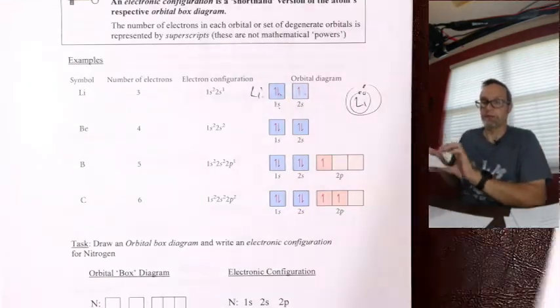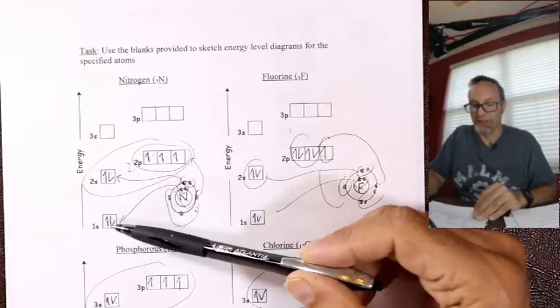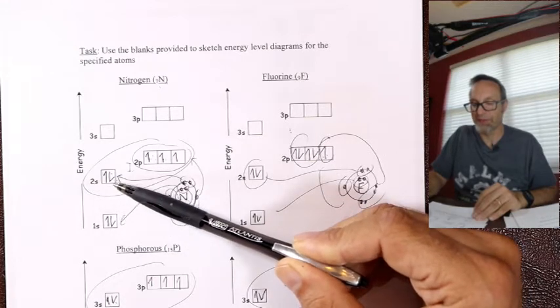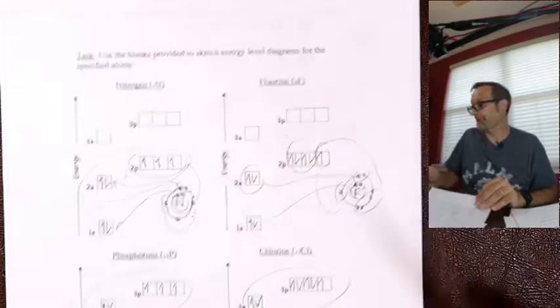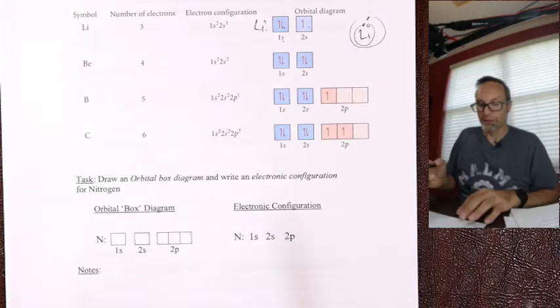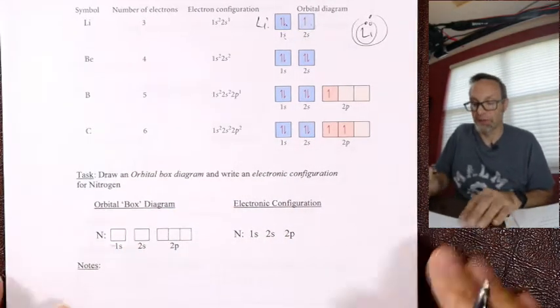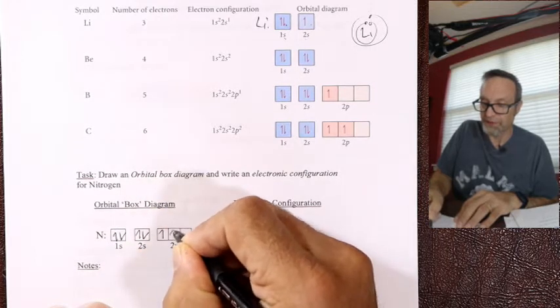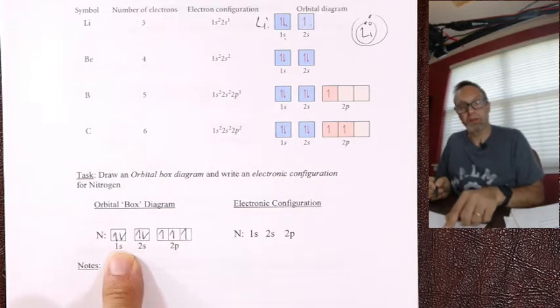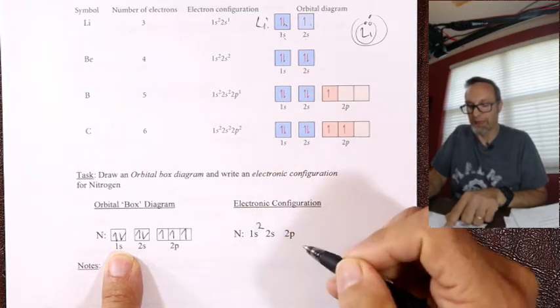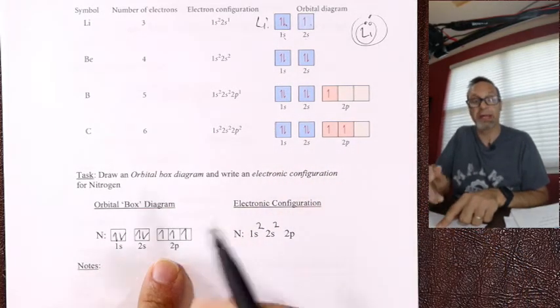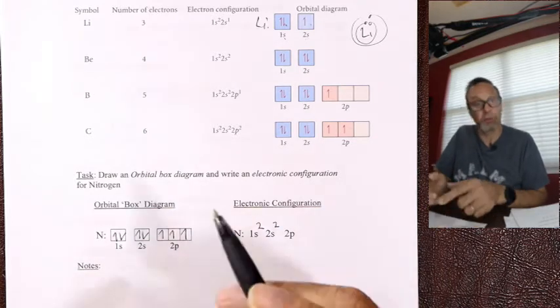It's going to be 2 in the 1s, 2 in the 2s, and 3 in the 2p. 7 electrons: 1, 2, 3, 4, 5, 6, 7. How many in the 1s orbital? 2. How many in the 2s orbital? 2. How many in the 2p? Now this is degenerate. We don't count the boxes individually if they're linked. We count them all together.